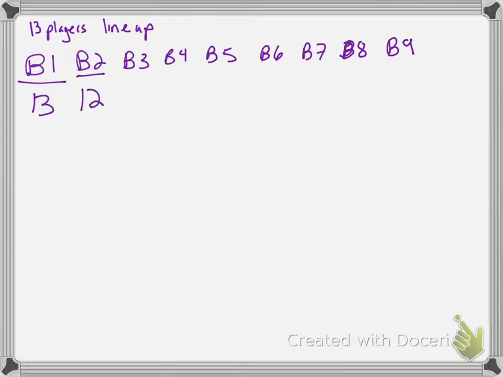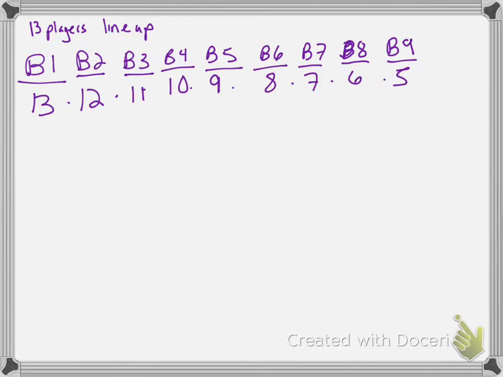You have 12 people, now that you've assigned somebody to first position, to fill the second. 11 people, 10, 9, 8, 7, 6, 5, and then we multiply all these together, and you get an answer, which happens to be 259,456.